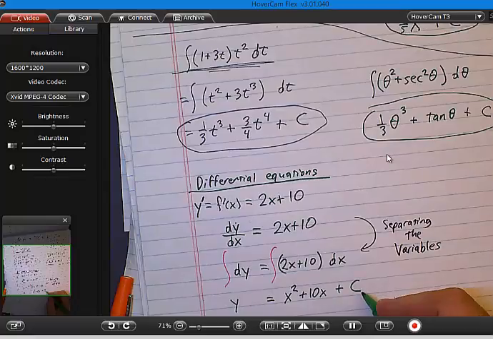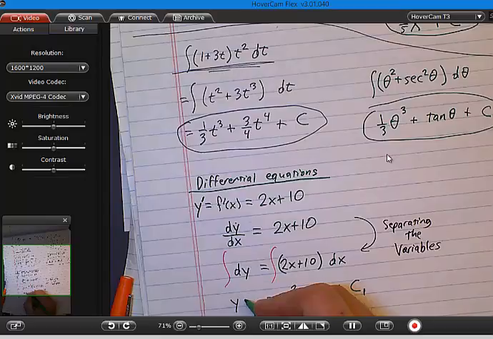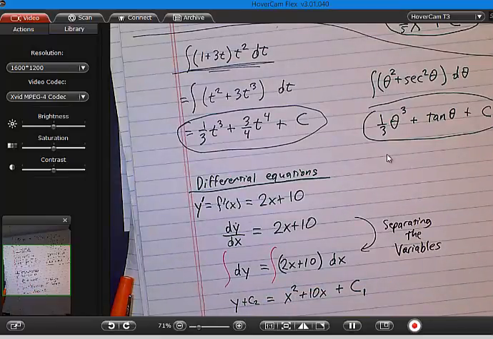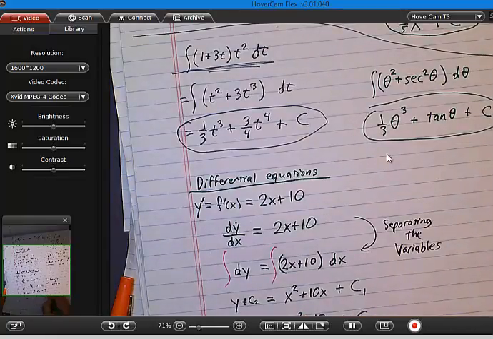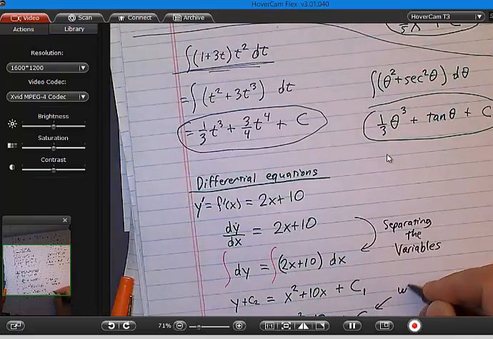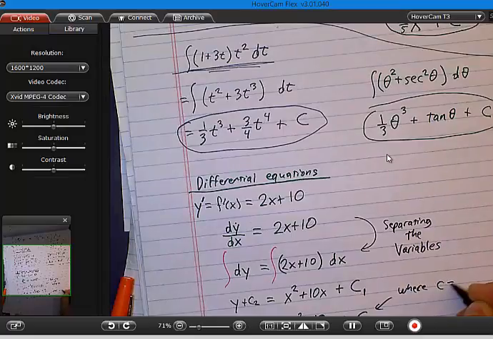No. Matter of fact, let's call this C1 since that's the first constant we found, and I'll put a plus C2 here for now, although I will tell you, never again do I want you to put constants on both sides. Because the very next step, I could get y by itself and just write C over here, right? And what is C? C is equal to whatever C1 was minus whatever C2 was. I subtracted it from both sides.